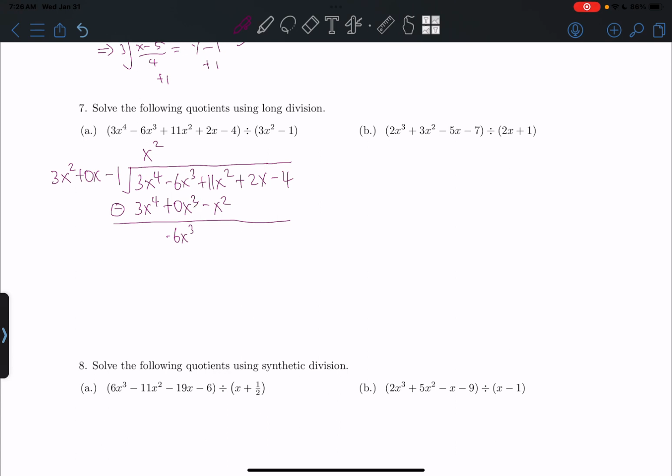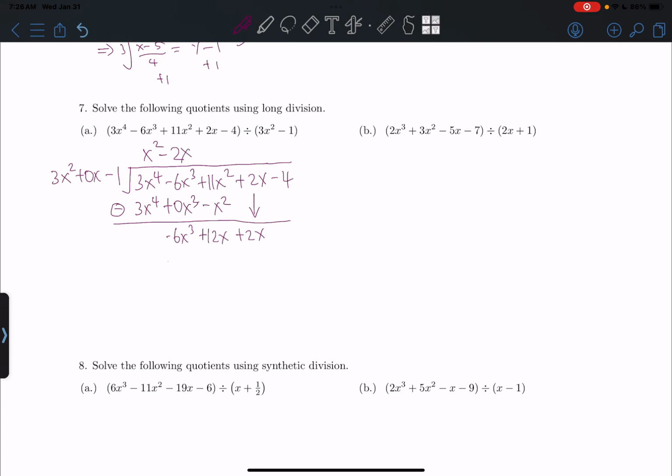That should be cubed right here. Plus 12x. 11 minus negative 1. Back down to 2x. Now it looks like I need negative 2x.